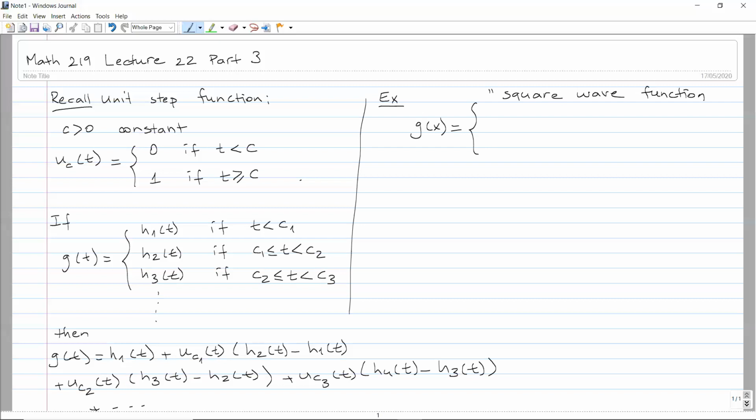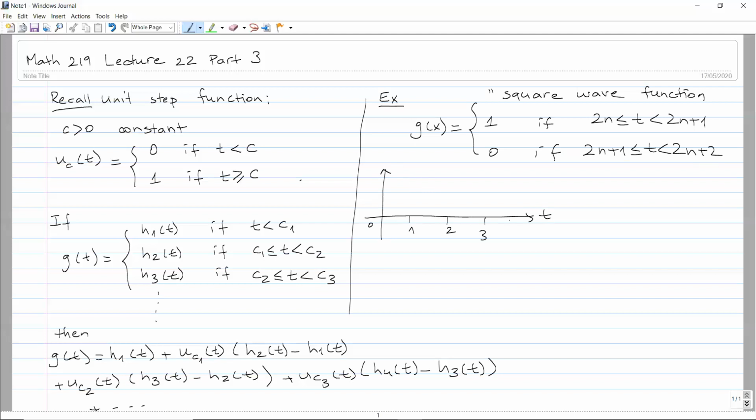So it takes the value 1 if t is between an even integer and an odd integer, and it takes the value 0 if t is between an odd integer and the next even integer. As far as the Laplace transform is concerned, we only care about positive values. So 0 is even: 0, 1, 2, 3, 4, and so on.